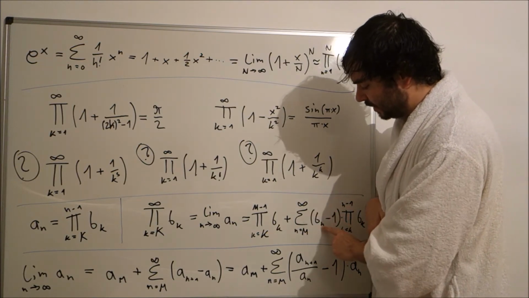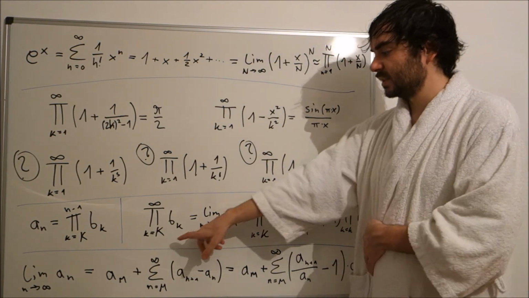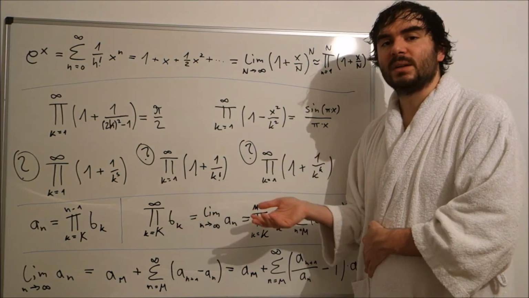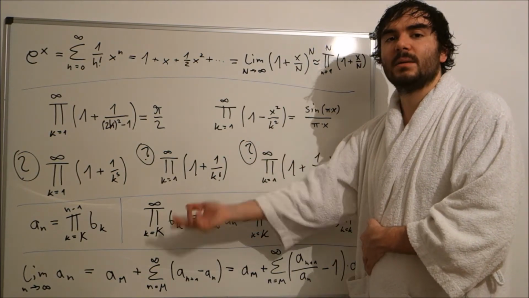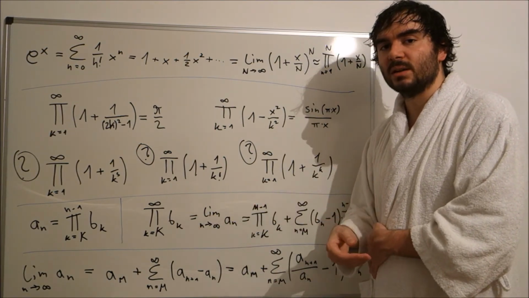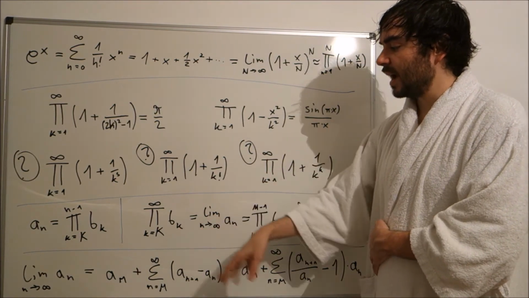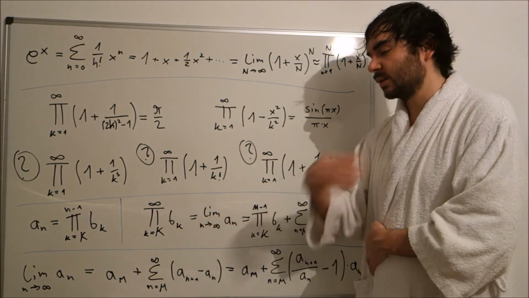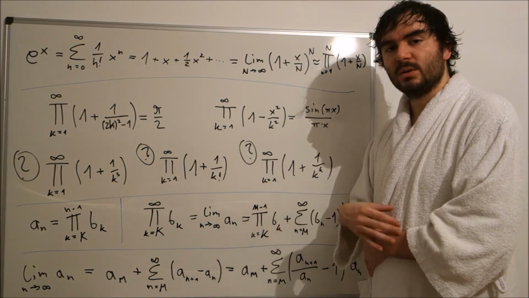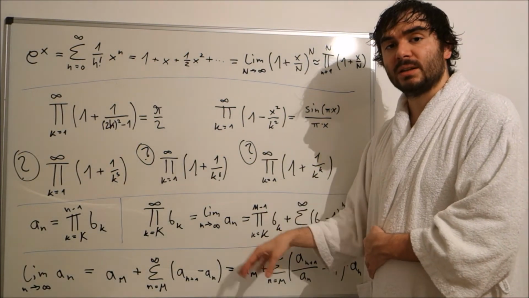And I say bn minus 1 is a small number because if this product converges at all, then bk cannot be a big number. Because let's say all bk's are 2 or bigger, then you would multiply numbers bigger than 2 together: 2, 4, 8 and so on. So if bk is a very small number or goes against a small number, then it will go to 0, if you multiply 1/2, 1/4 together, you get against 0.